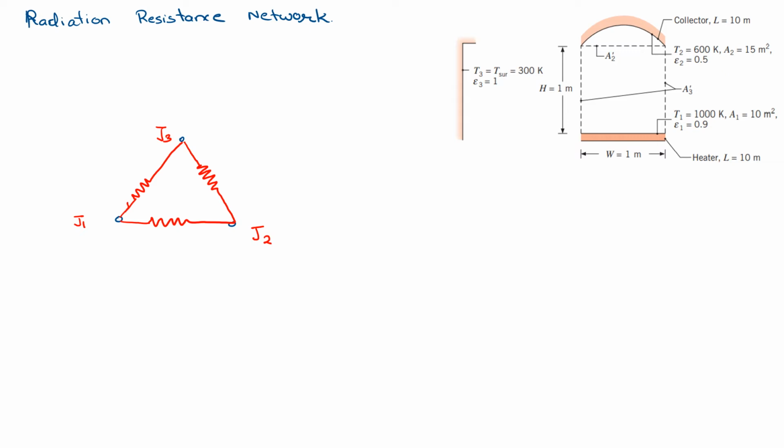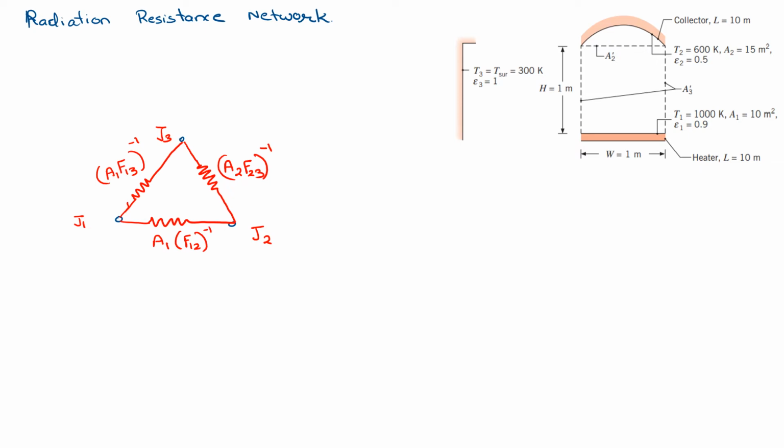Now what are these resistances? Between 1 and 3, our view factor is F13, so we will write this as 1 over A1 F13. This will be 1 over A2 F23, and this here will be 1 over A1 F12.